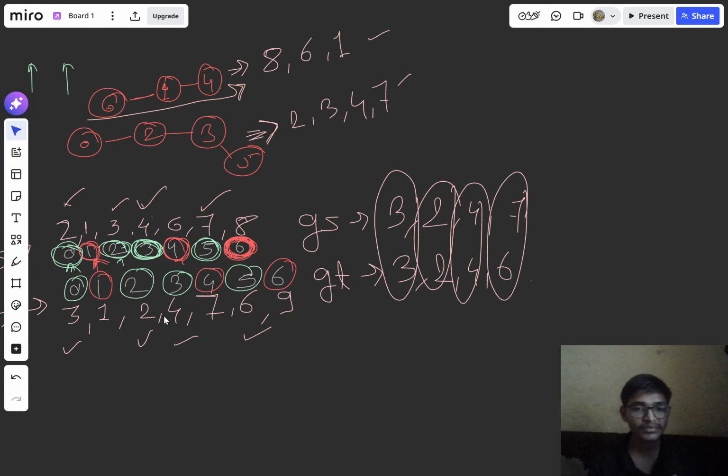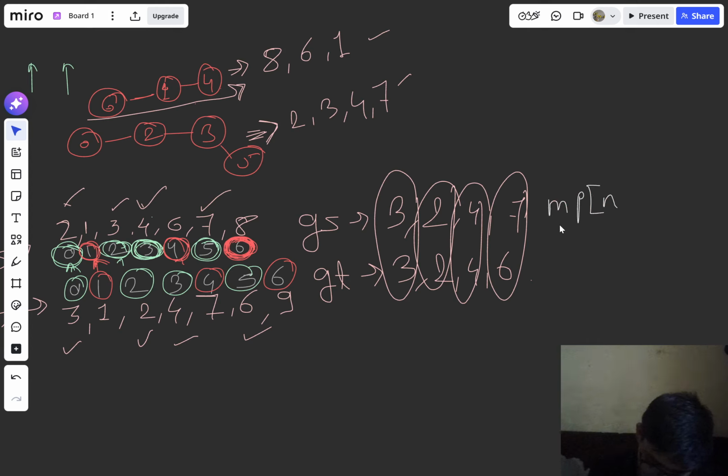After having the graphs, we will store 3, 2, 4 and 7, all the elements present at the indices of a particular graph, and we will group them in a map.